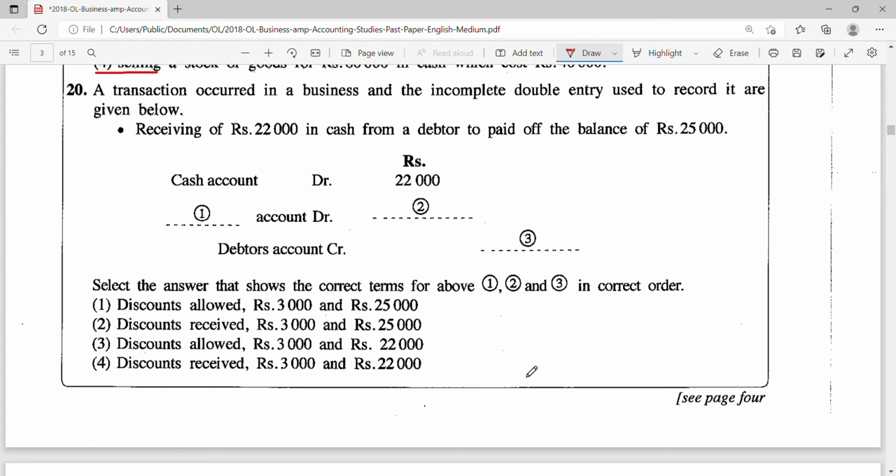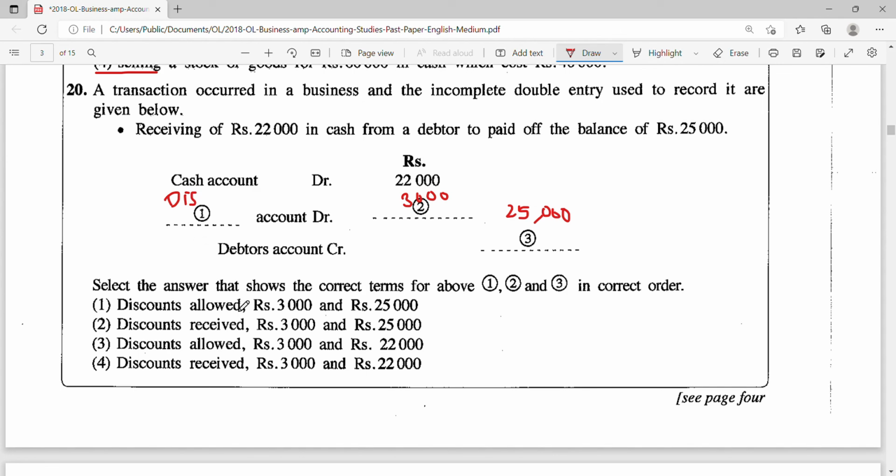You should have received 25,000. He only paid 22,000. You are willing to consider it as final payment. Which means that 3,000, which should ideally come here. Why? Your debtor account, you are considering it to be completely paid off. So here it will be 25,000. Now this 3,000 is like a discount you have given to your customer. So here it's a discount.